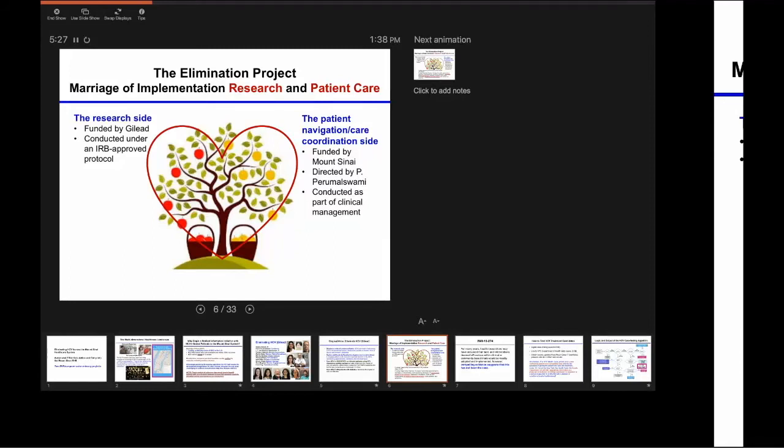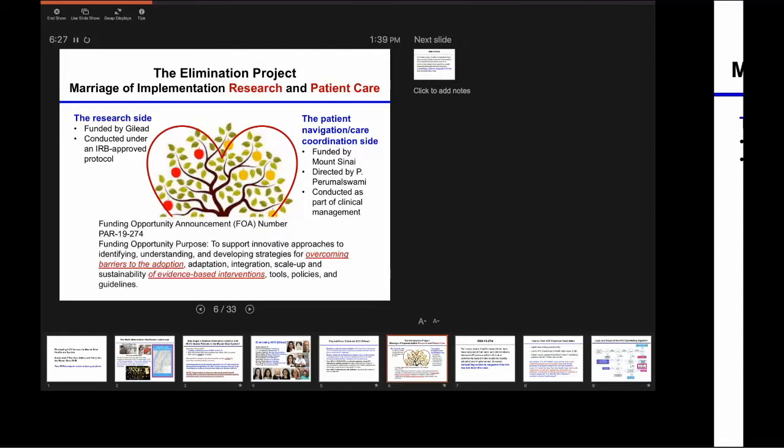It's very difficult when the goal is to engage people in a research trial. It's quite a different matter when the goal is to engage people in clinical care. On the research side, we have IRB-approved protocols and funding from Gilead, and on the patient navigation side, we have Penny, who has been doing this as part of clinical management for many years.